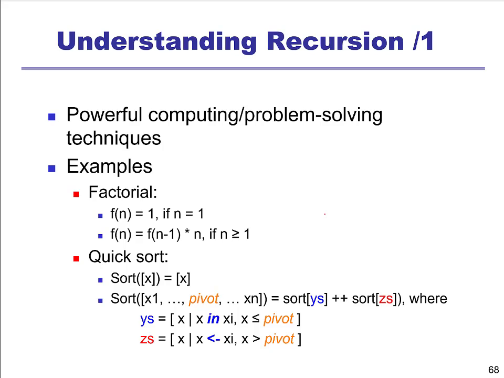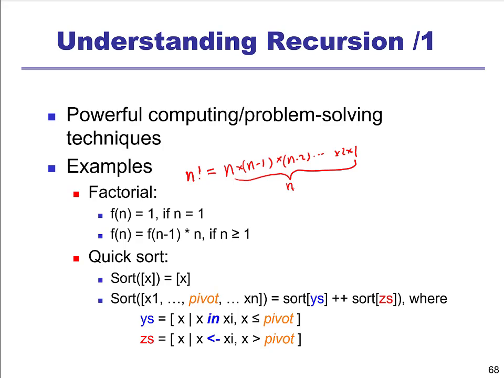Say we want to compute the factorial number. We know that the factorial of n equals n times n minus 1 times n minus 2, and so on until 1. So basically we will have n integers from 1 to n, and then we do the multiplication.